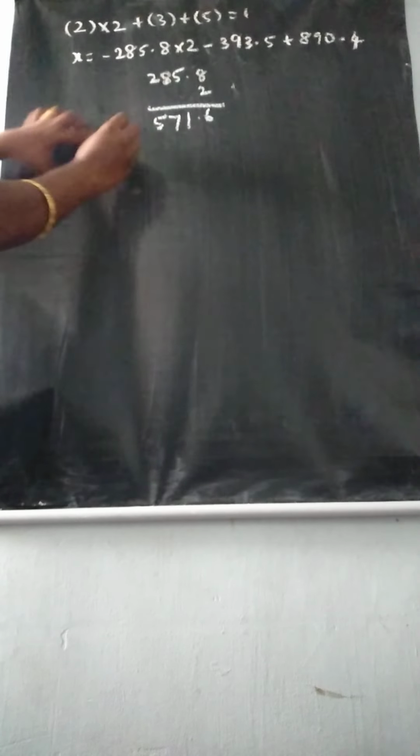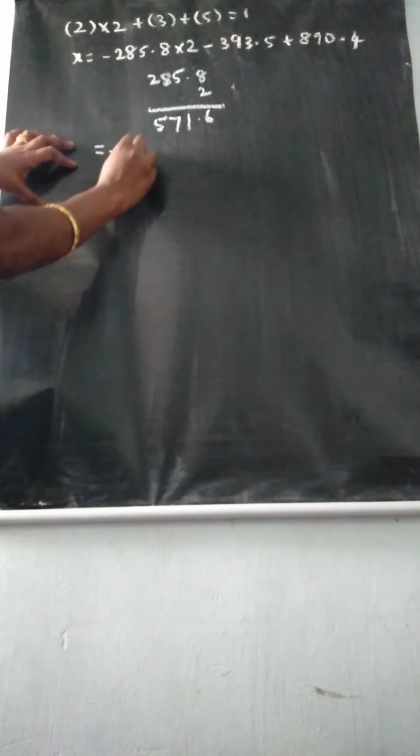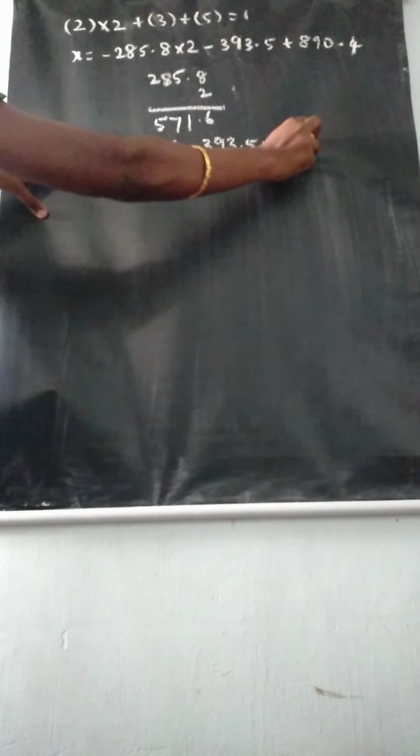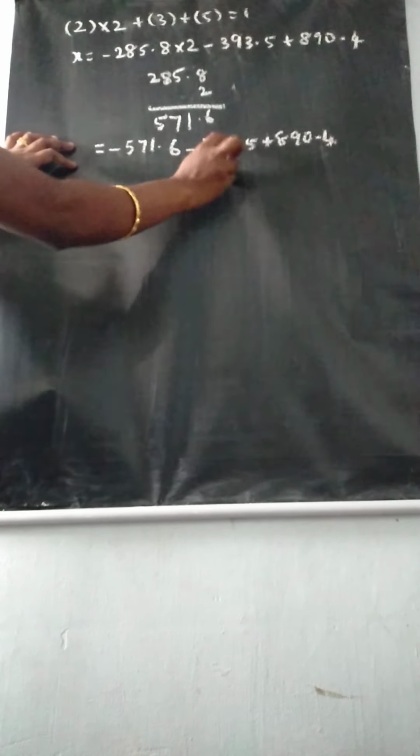First multiply this by 2: minus 285.8 into 2. Tell the answer: minus 571.6, minus 393.5, plus 890.4.